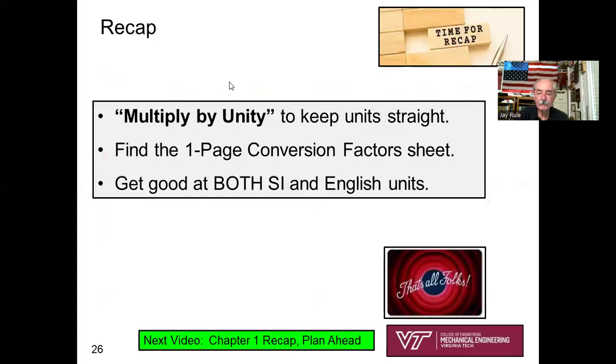Well, that brings us up to maybe I can declare you an expert in dealing with units as it relates to properties, as it relates to working back and forth between English units and SI units. And so here's my recap.